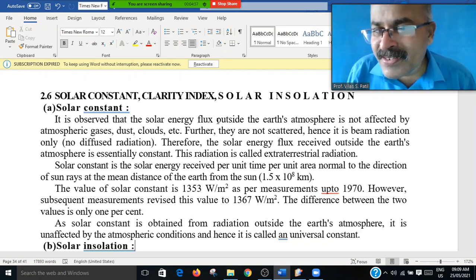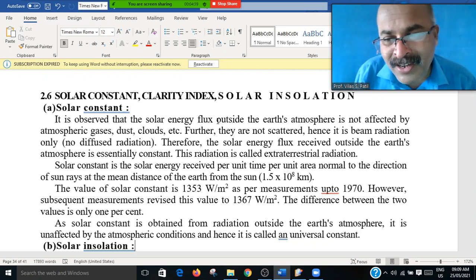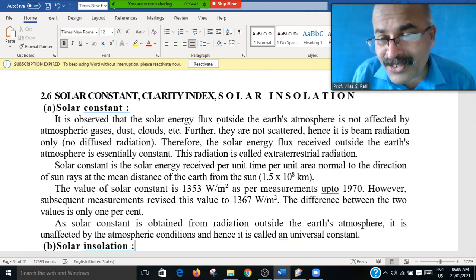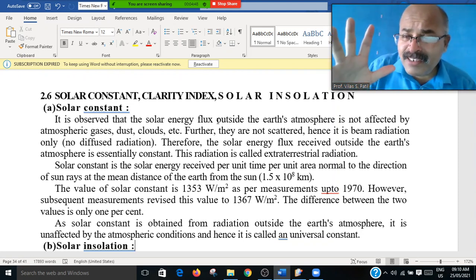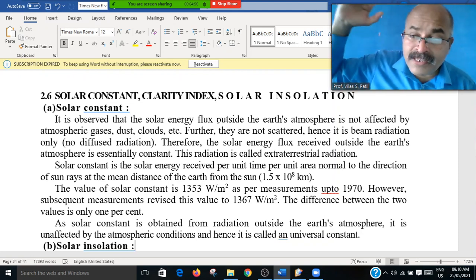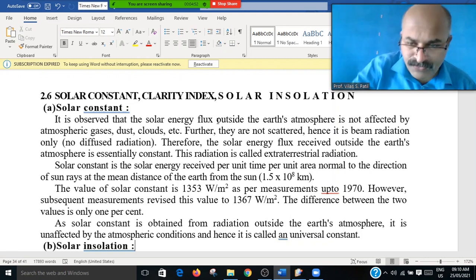The season, and day and night, are only present on the earth. All those conditions are not present above the earth atmosphere.